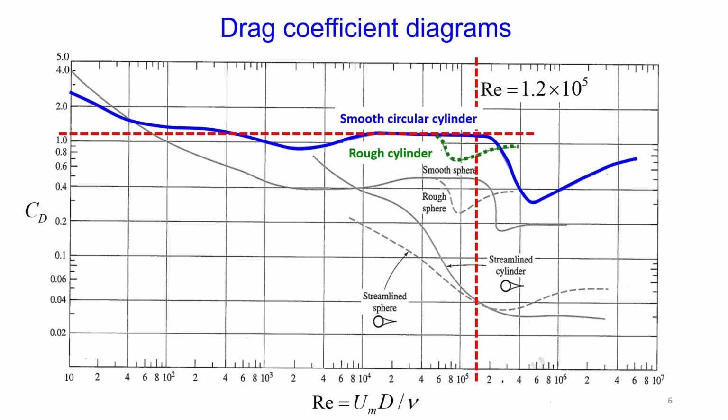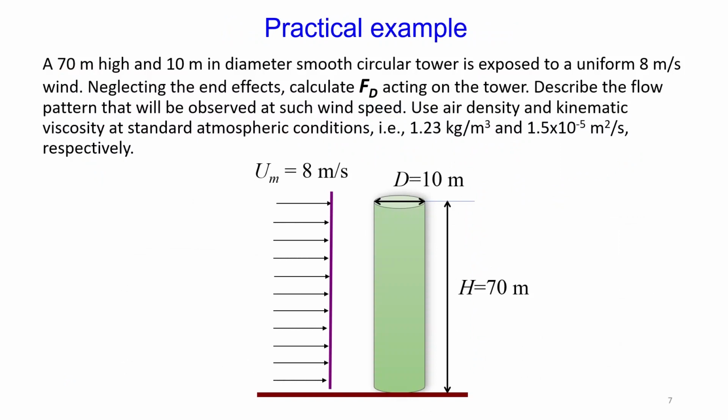In this example, you can see that my CD is a little bit higher than 1, but below 1.5 roughly. So I read this approximately as CD equal to somewhere between 1.1 and 1.2, for example 1.15. So now let's do a practical example.